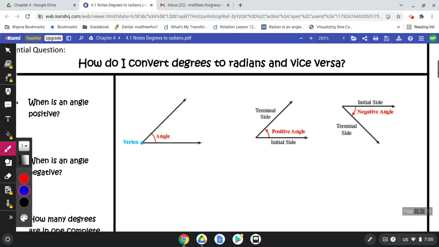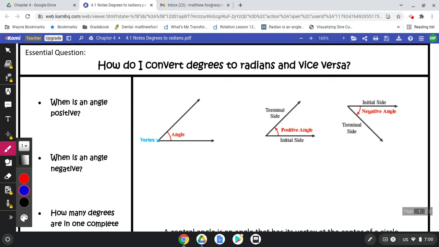Okay, now with our angle, a couple things we want to point out. The vertex, hopefully you know that's your corner here, and as we have our angle here, we have two different names. Our initial side, that's where it begins, right? Initial is the starting point. Terminal is where it travels to. So if this angle is opened up, here starts at 0.